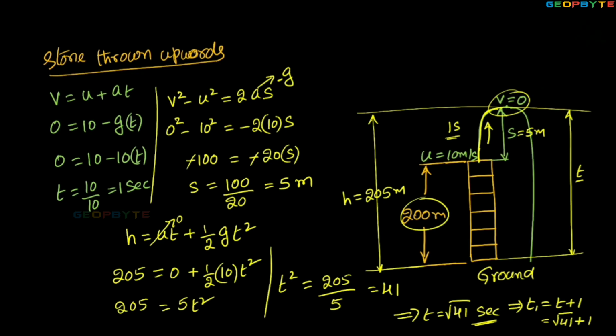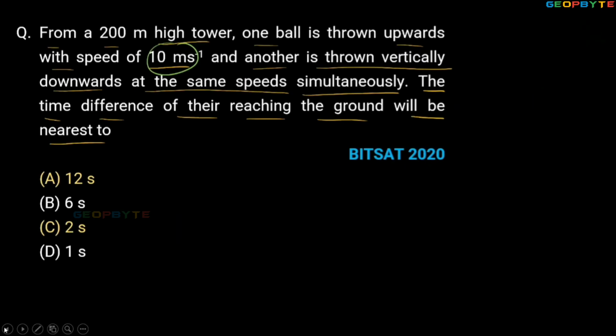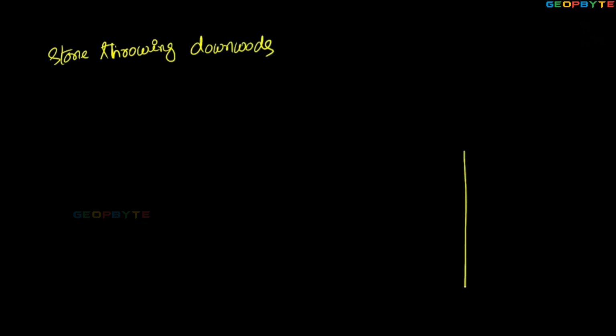Right. Now come to the other case. What is the other case? Another stone is thrown vertically downwards at the same speed. For throwing downwards, again let us take the tower.